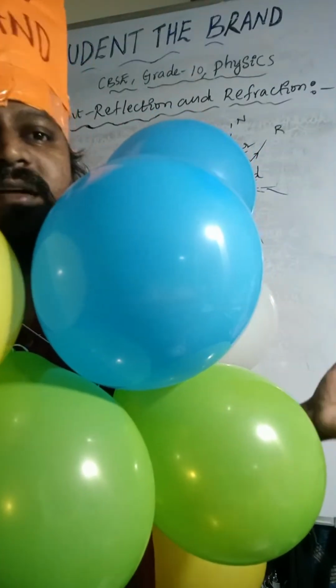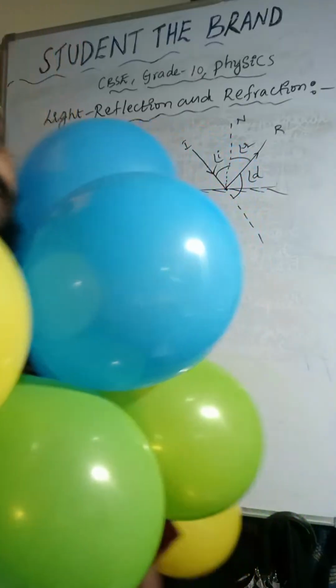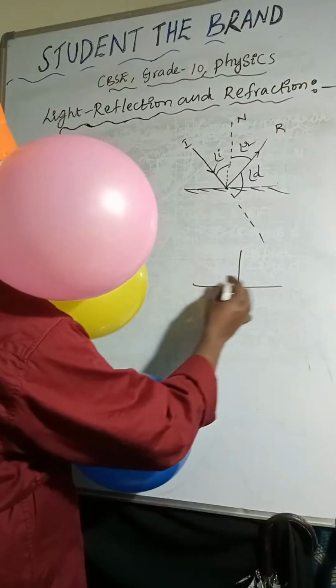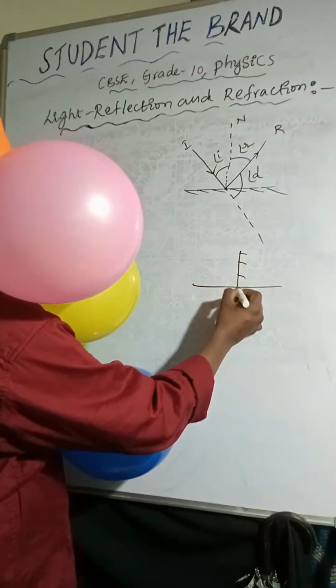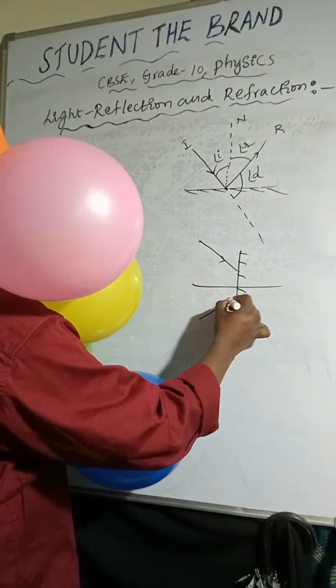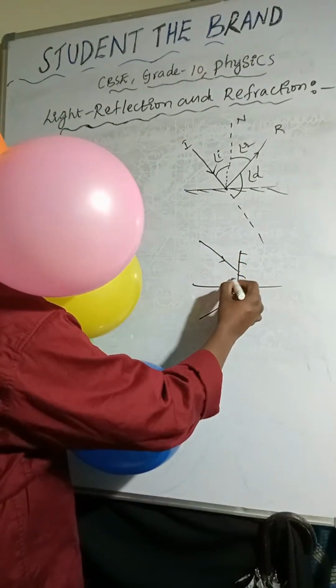Coming to the image and object. If I take a plane mirror like this, here there is an incident ray and a reflected ray.